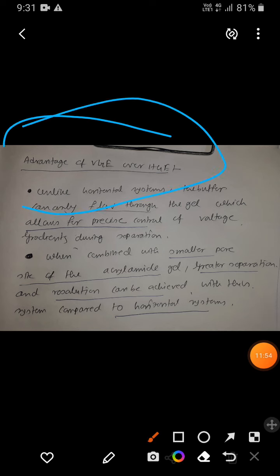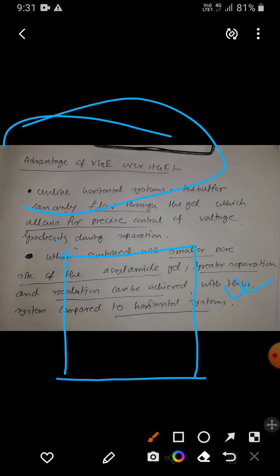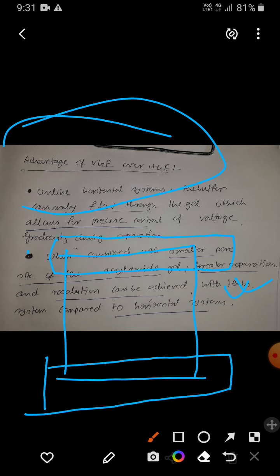So now the last topic of today's video, the advantage of vertical gel electrophoresis over horizontal gel electrophoresis. Remember, unlike horizontal gel electrophoresis, in vertical gel electrophoresis, suppose this is your gel, then the buffer will be here and also here. So the buffer will flow only through the gel.